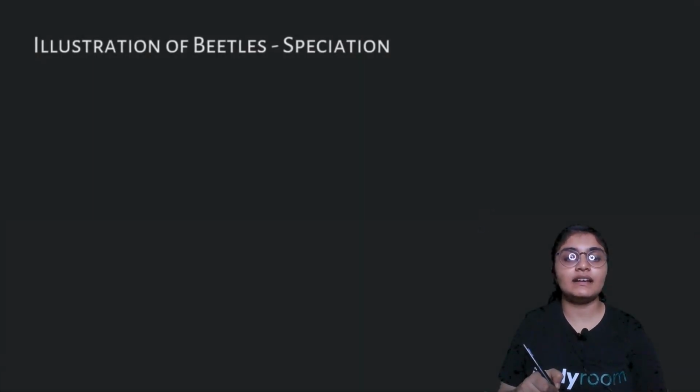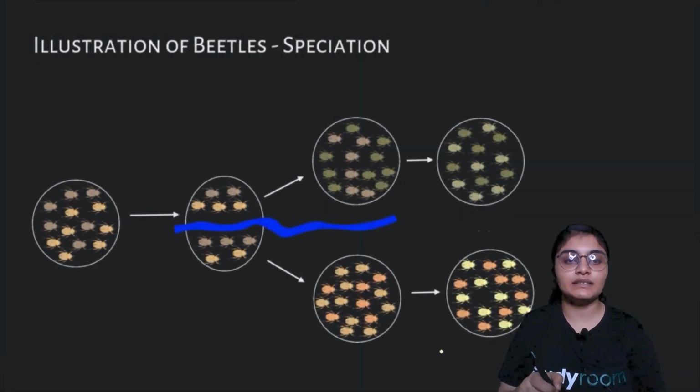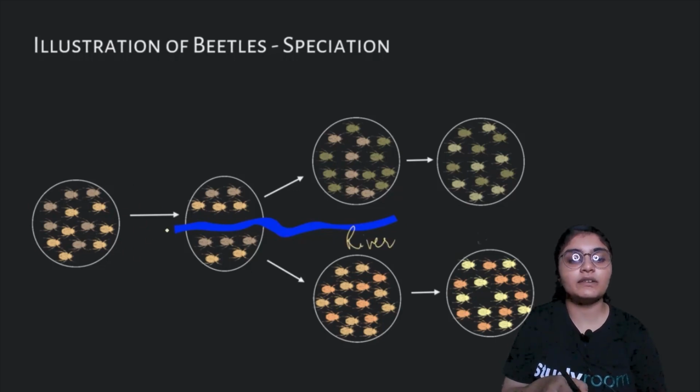So let us see an illustration with beetles, and see how species are formed, an explanation of speciation with the help of beetles. Here you can see a population of beetles, and gradually a geographical barrier, a river, comes in between this beetle population and divides it into two parts.